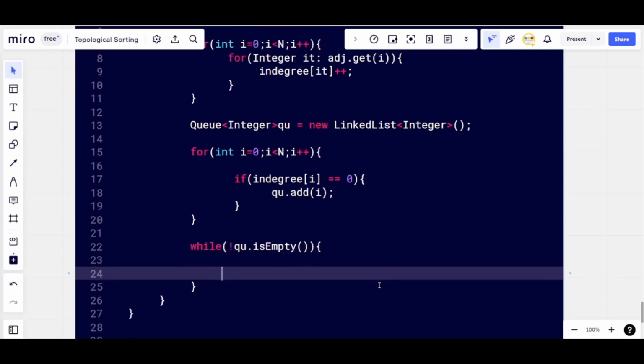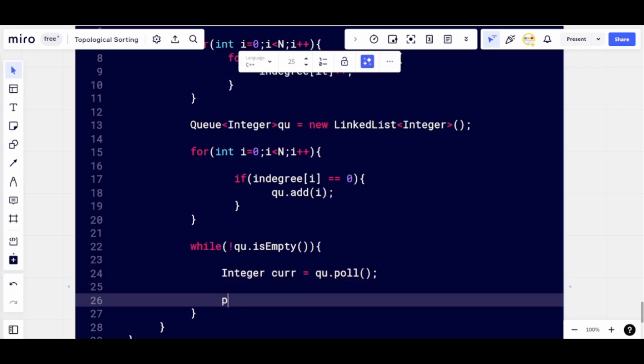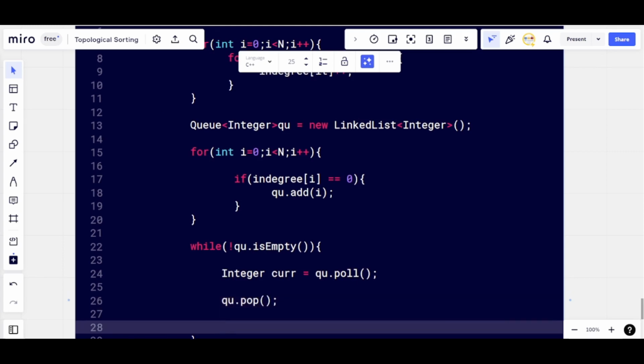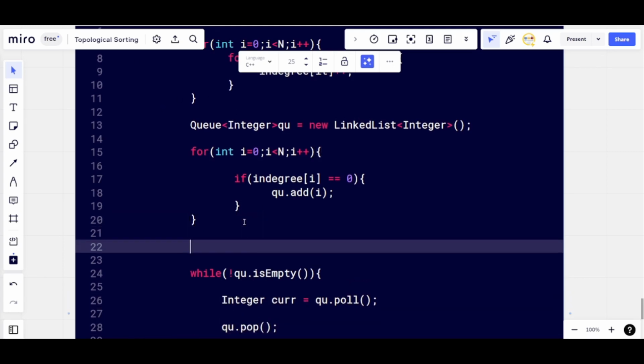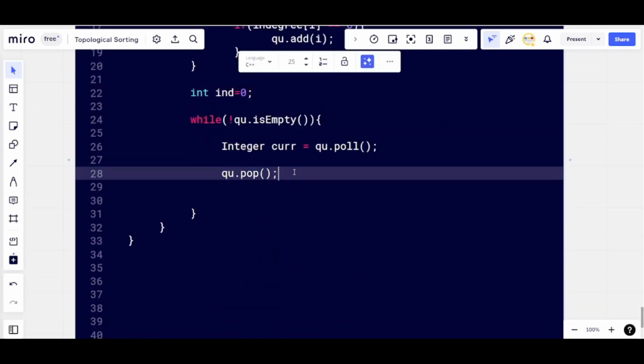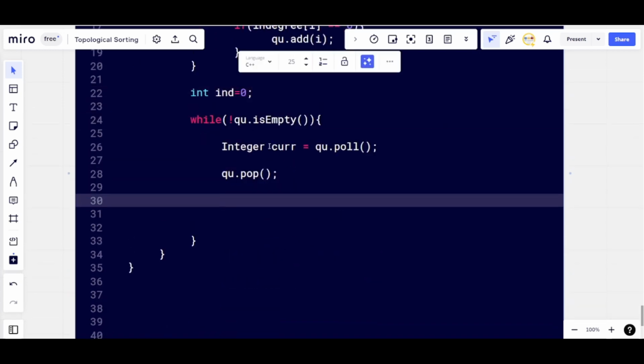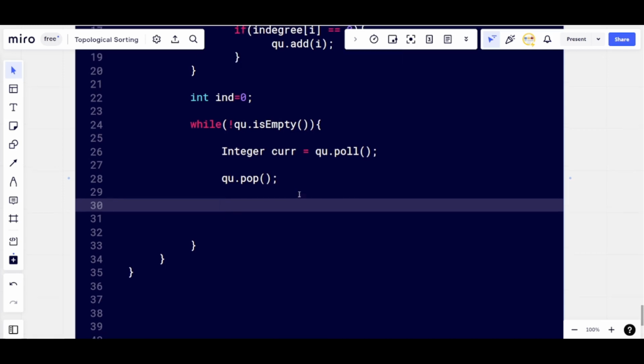Just pick up the current node. Let's call it current, and it would be q dot peek and q dot pop. I'm going to remove this node, and I have to declare an index, which will be used to store the index for any node.